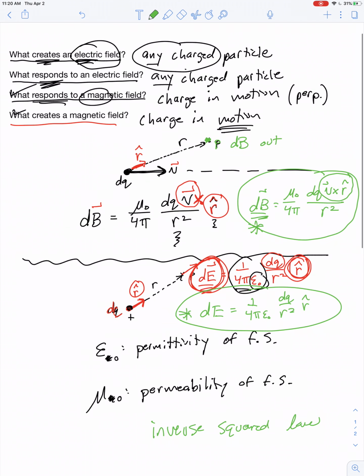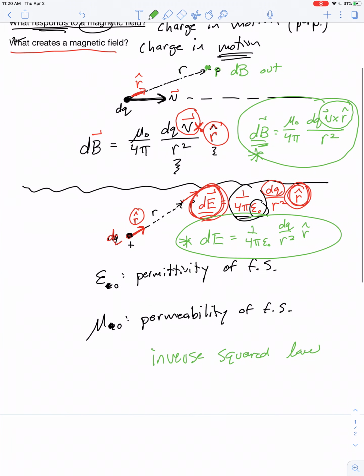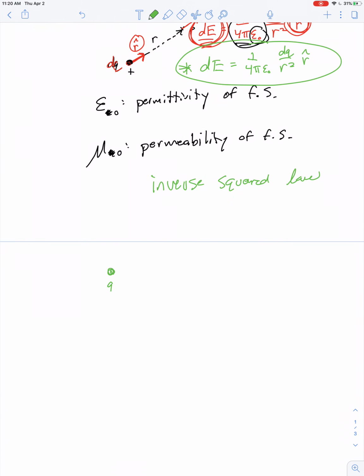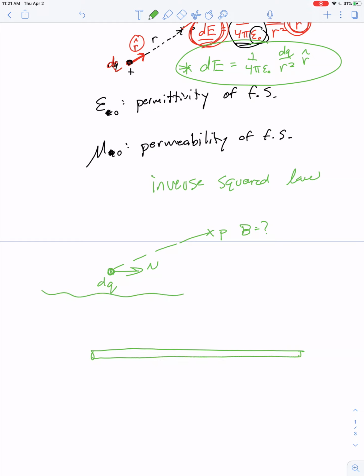Let me just conclude this video by showing you one more similar form of this equation. Instead of having a single charge dq moving to the right with velocity v and trying to find the magnetic field at this point P, let's say we have a wire and current, conventional current I, flows to the right, and at some point the amount of current that flows through that segment of the wire is the same as the amount of current through that segment of the wire.